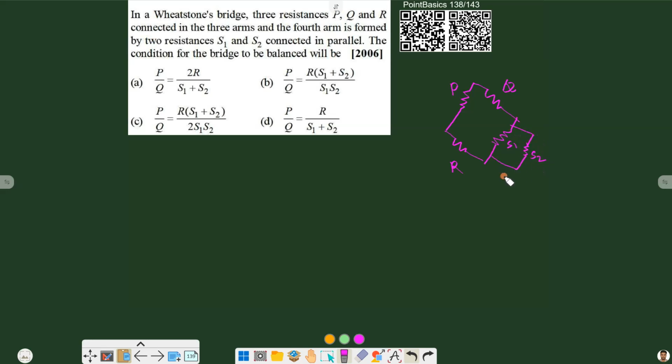So the balancing condition will be P by R is equal to Q by S1 parallel combination with S2. Suppose their parallel combination is represented by S, then S will be S1 S2 divided by S1 plus S2.